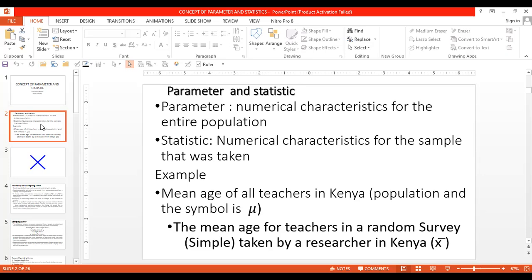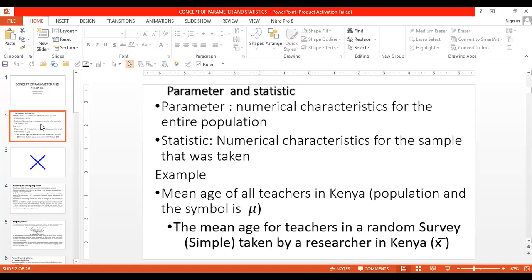And when you talk of a statistic, it is a numerical characteristic for a sample taken. So when you are dealing with a sample, we refer to a statistic. And when we are referring to the population, a numerical characteristic which we get, we refer to that one as a parameter.